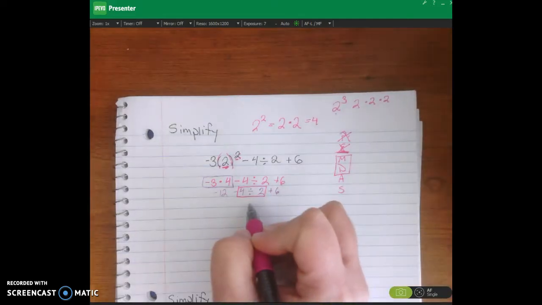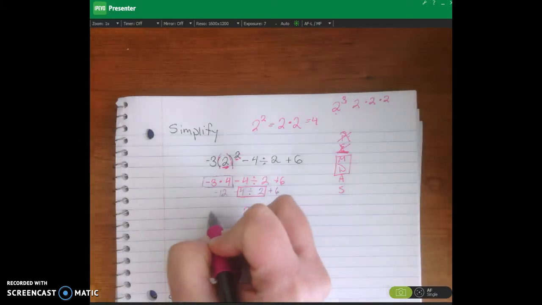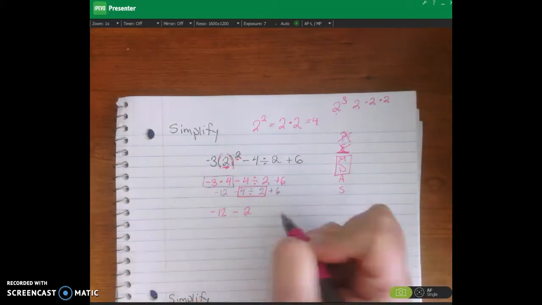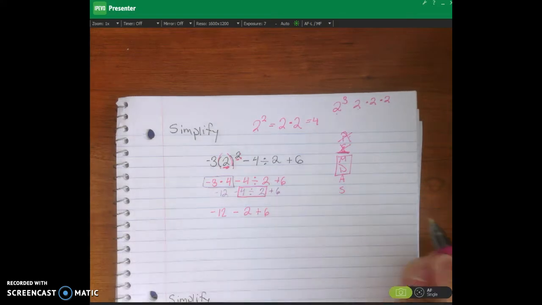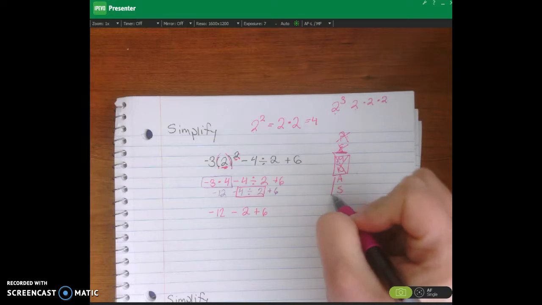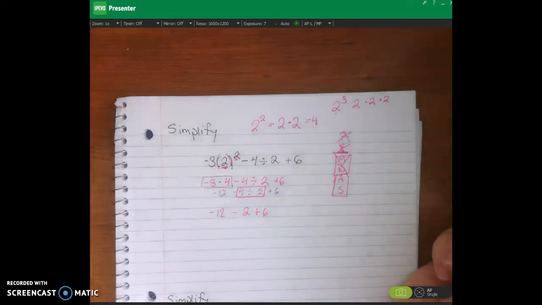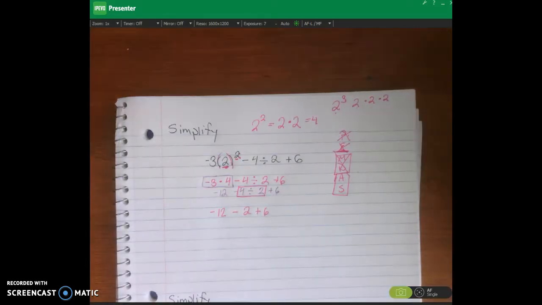So 4 divided by 2 is 2. So I'm going to bring all the rest of this down. We have -12 minus 2 plus 6. So now we're done with multiplication and division, and we move to addition and subtraction. Again, following left to right.